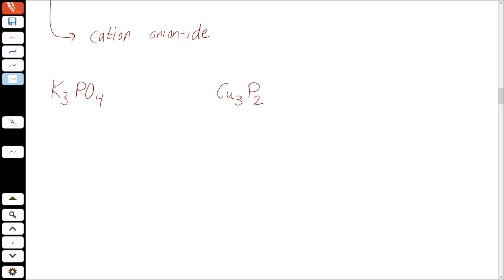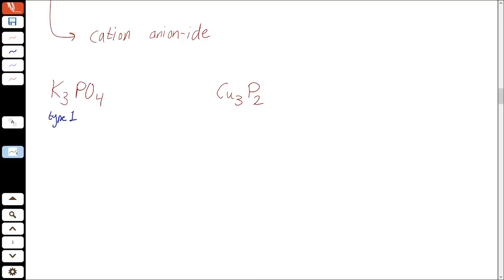We do, because it's in 1A. And all ones in 1A, we know the charge. So what is the charge, incidentally, on potassium? +1, right? Okay, so that tells us for sure that this is type 1, meaning no parentheses.